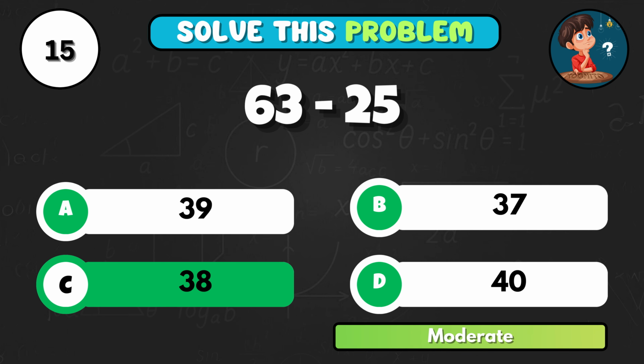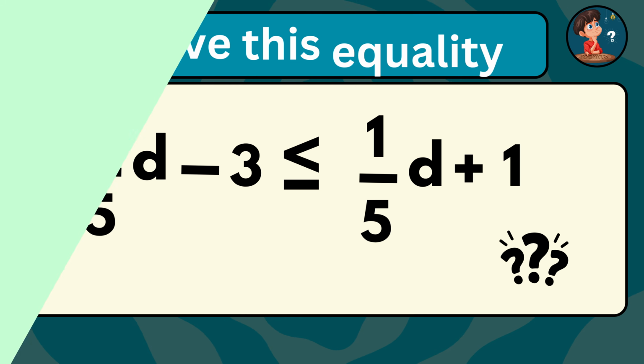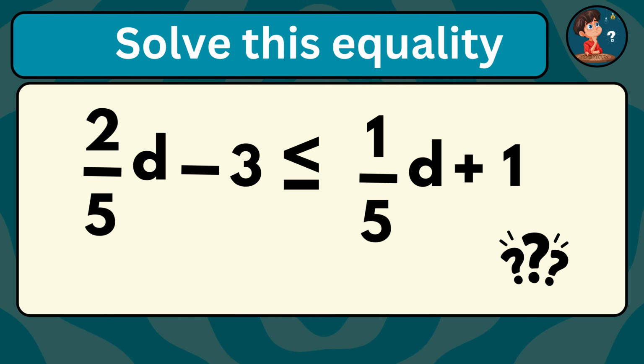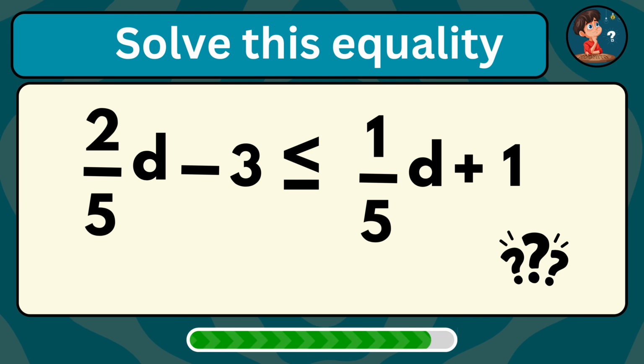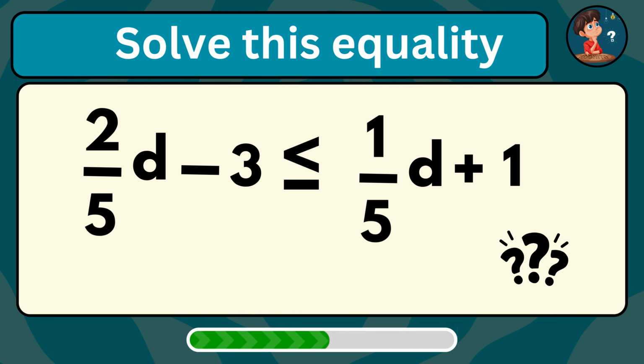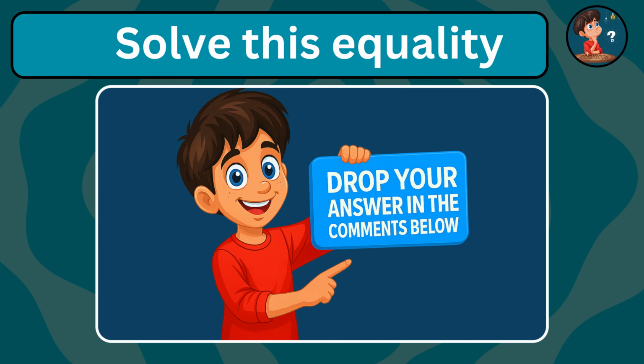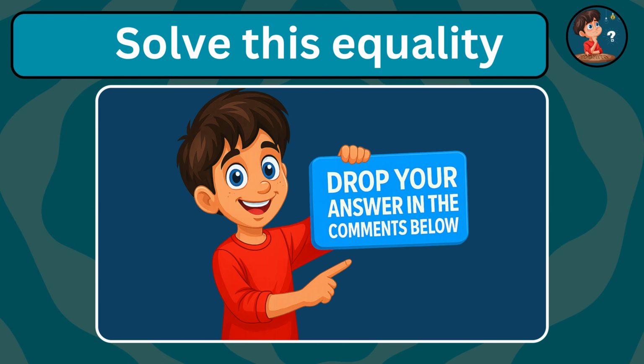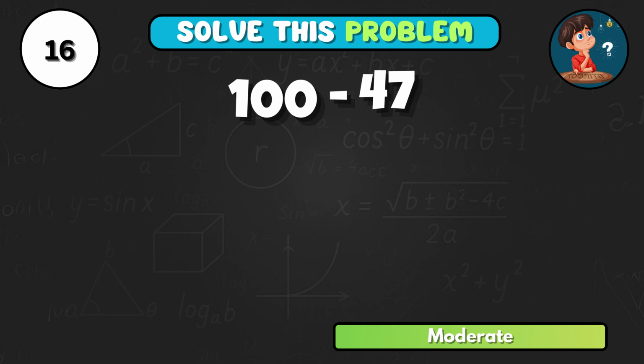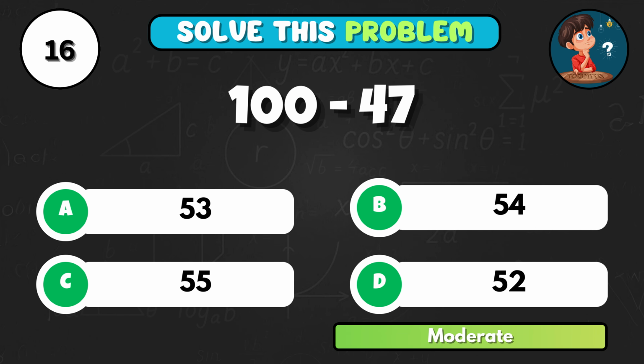That comes to 38. Solve this equality. 100 minus 47 equals what?